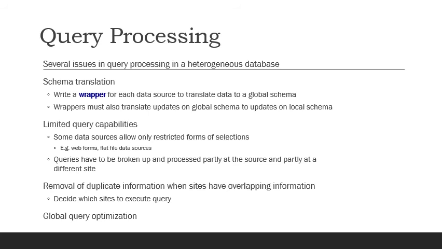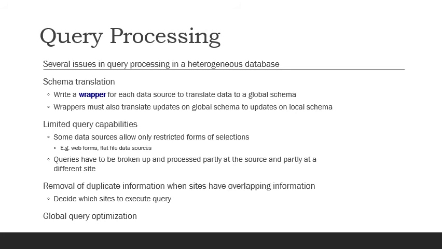Wrappers can even be used to produce a relational view of non-relational data sources such as web pages, flat files, hierarchical and network databases, and directory systems. Some data sources may provide only limited query capabilities. For instance, they may support selections but not joins.